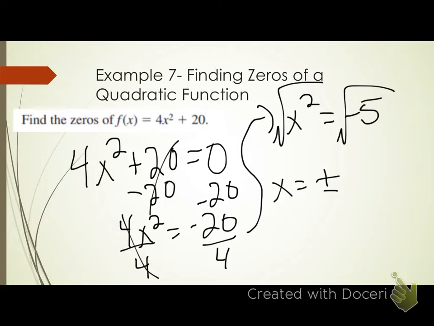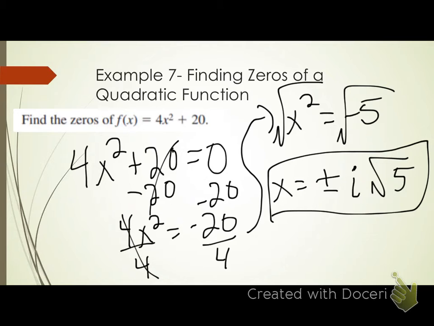There's no perfect square that goes into 5, so I cannot break that down into anything. But I can take the square root of that negative, or negative 1, to get i, and then the 5 must stay under the radical. So the zeros for this function are x equals i square root of 5 and x equals negative i square root of 5. That'd be my answer.